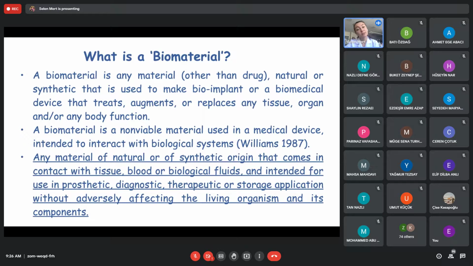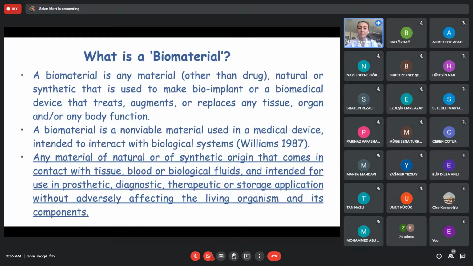Let's start with what a biomaterial is. A biomaterial is a material that can be of natural or synthetic origin and contacts living organisms, tissues, blood, biological fluids, and organs to treat, to augment, and to replace these tissues or organs without negatively affecting the living organisms and their components.